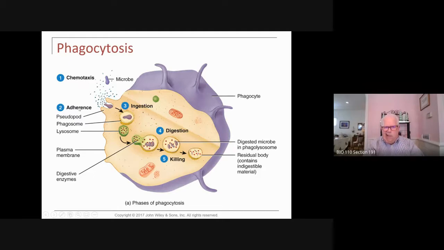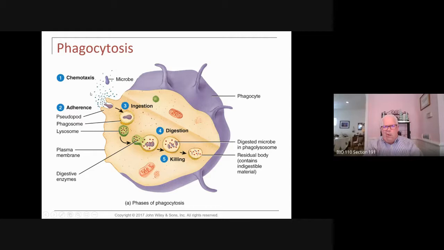The second step is adherence. The monocyte or the neutrophil will adhere to the microbe. The third step is ingestion. It will ingest the microbe. It brings it into the cell. Then, because of enzymes, the fourth phase is digestion. It will then kill it. So the fifth stage is killing. And there is a sixth stage that gets rid of it.